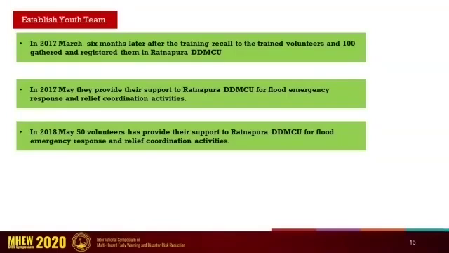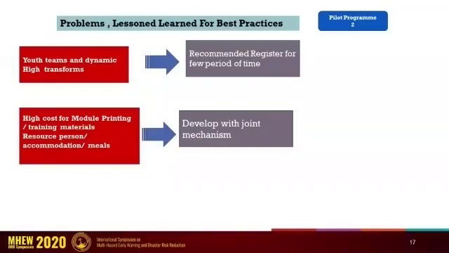Gradually this number changed, and again in the 2018 flood more than 50 volunteers from the same group came to support the flood response. These are the major issues we learned from the second pilot program. Especially, the youth teams are very dynamic and highly transient.